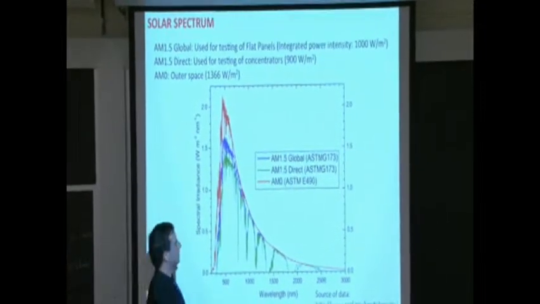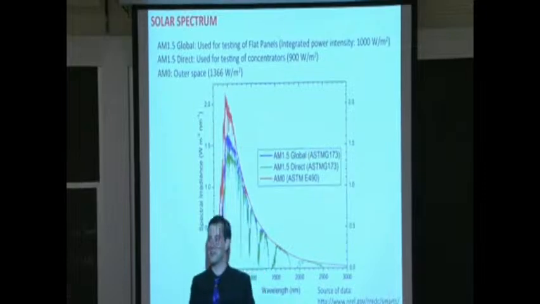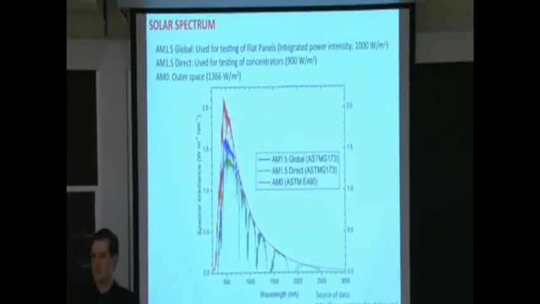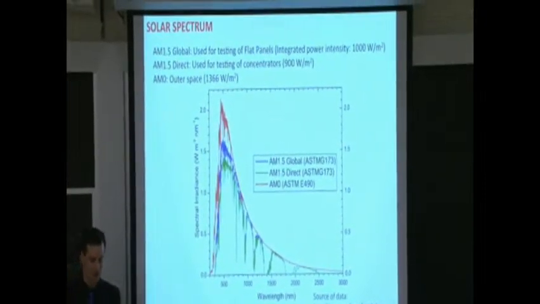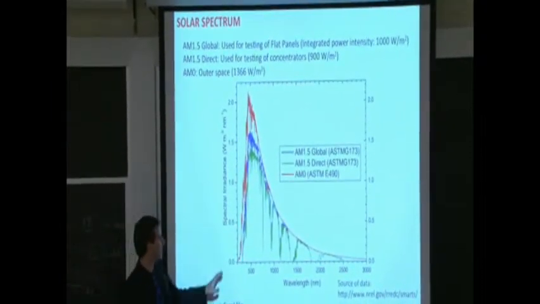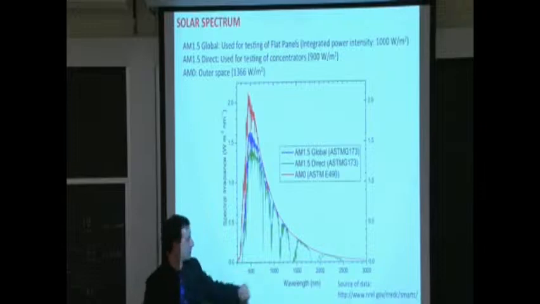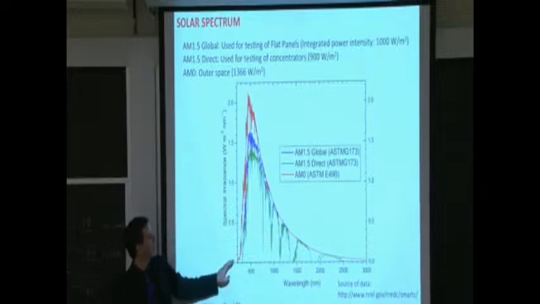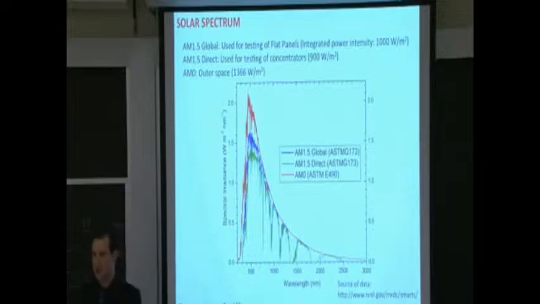There are standard spectra. There are standard reference spectra. Sure, you can go outside and using some form of spectrophotometer, you can measure the incident solar radiation and map out the spectral irradiance as a function of wavelength. In terms of planning or communicating with other scientists, we typically refer to standards.